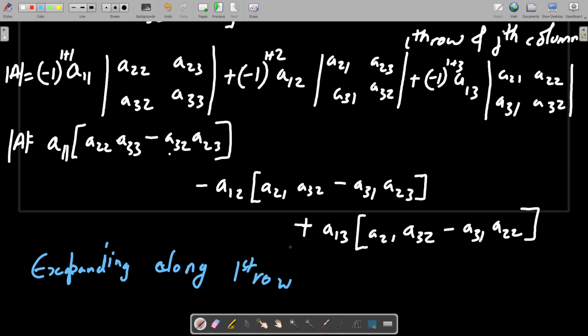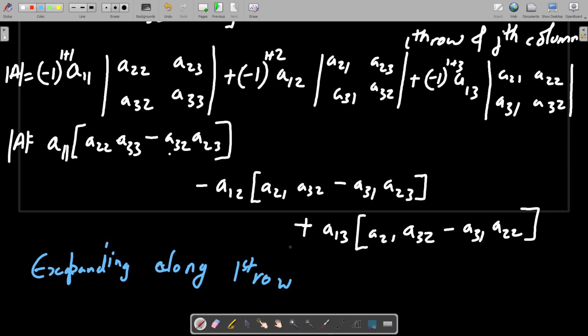You can expand along the first column, second row, third row, and also on third column, second column, and so on. Okay, so I have done only this one because this one has a small pattern in it.